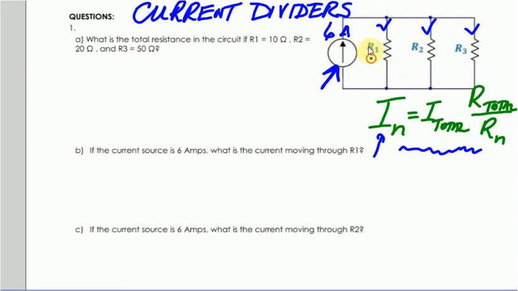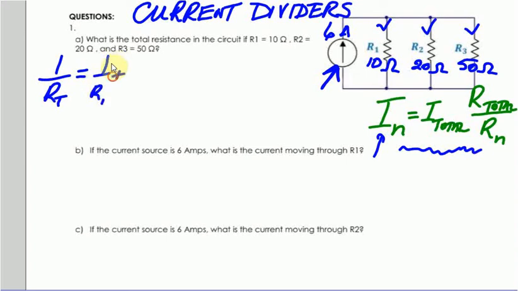We're saying that R1 is 10 ohms, R2 is 20 ohms, and R3 is 50 ohms. So given that, we should be able to find the total resistance, and we can do that with this formula right here.